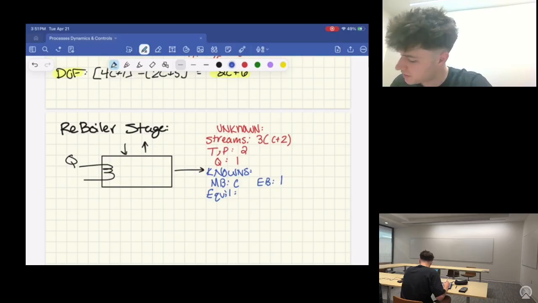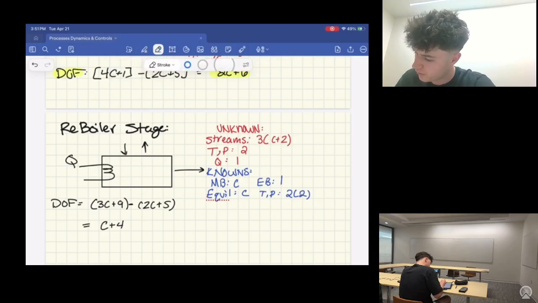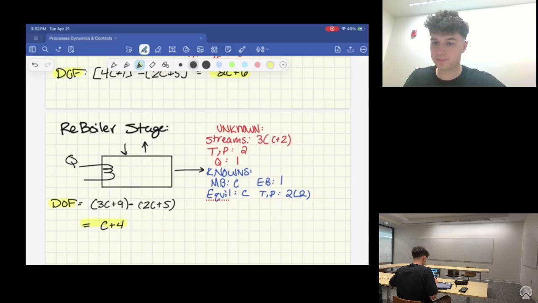The equilibrium is C. And our TP is going to be equal to 2 times 2, which allows us to solve for our degrees of freedom to be 3C plus 9 minus 2C plus 5, which gets you the answer C plus 4 for our reboiler stage degrees of freedom.